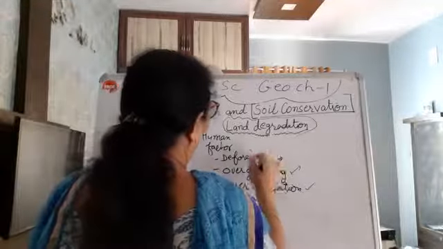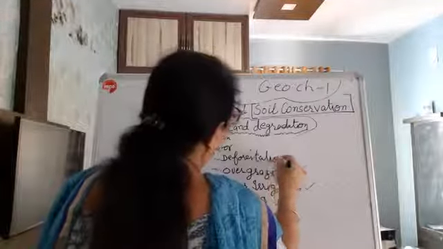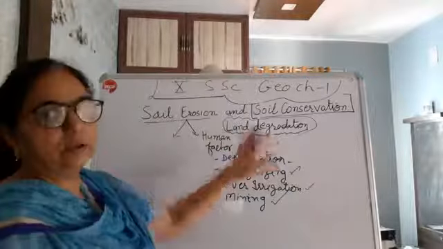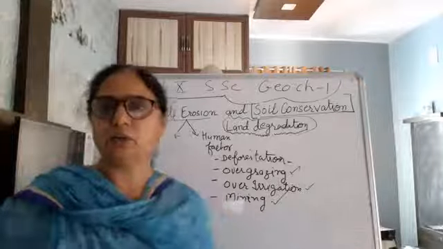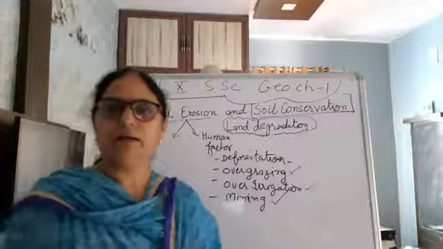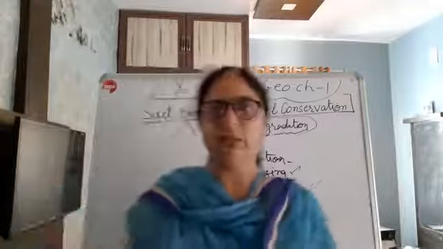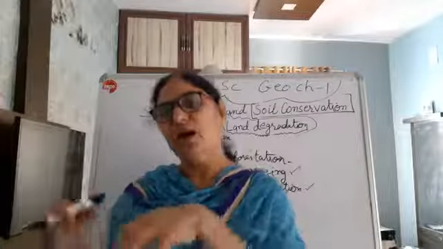when we talk about mining, it also leads to land degradation, because in mining we have different types, rat hole mining, clearing, right? We have to extract minerals from the earth.